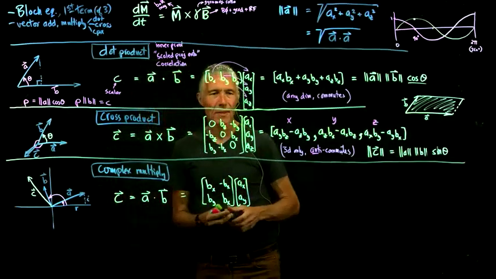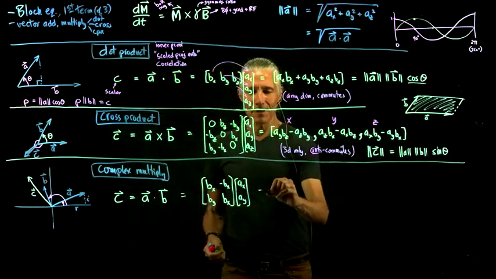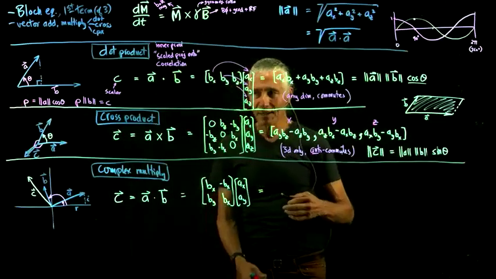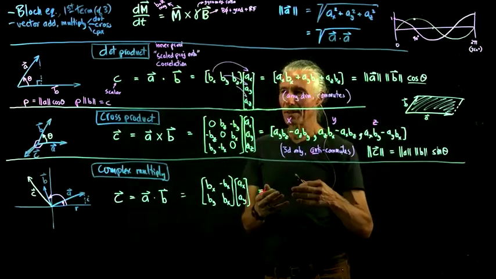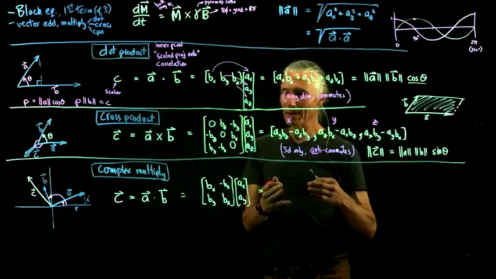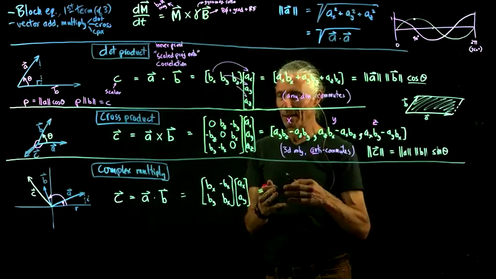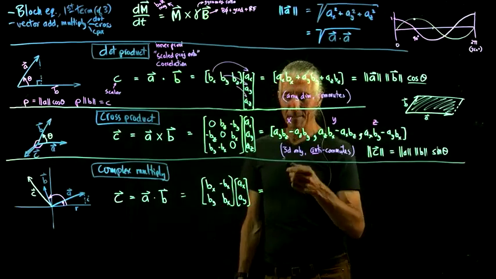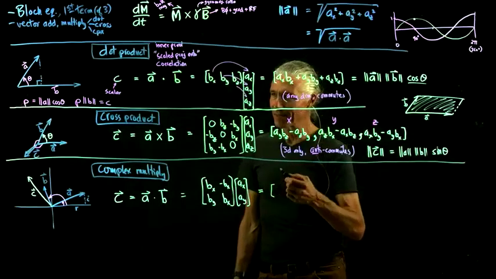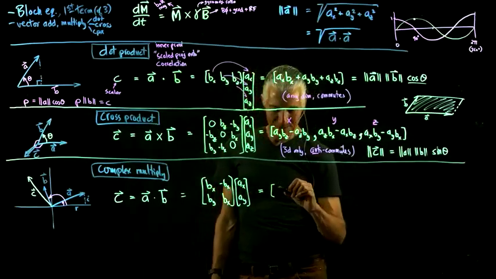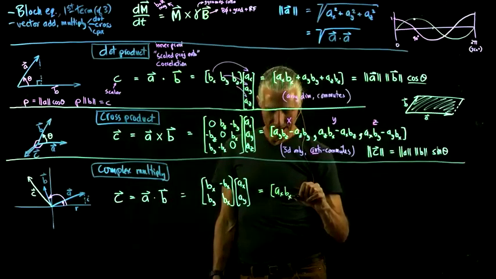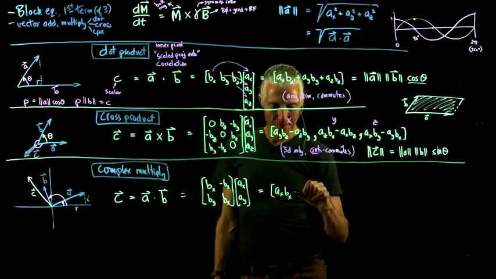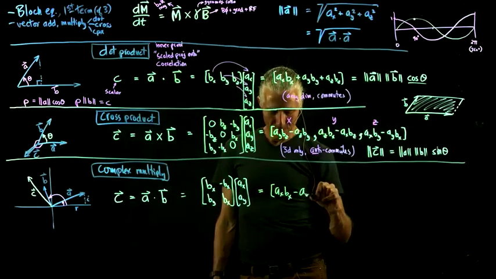So if we just write out how to do complex multiplication by the x and y coordinates of the complex number, you get something that's sort of like a cross product, but it's slightly different. So you mix the x's in the first part minus the y's.